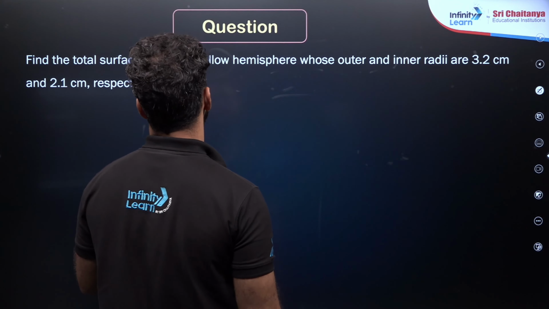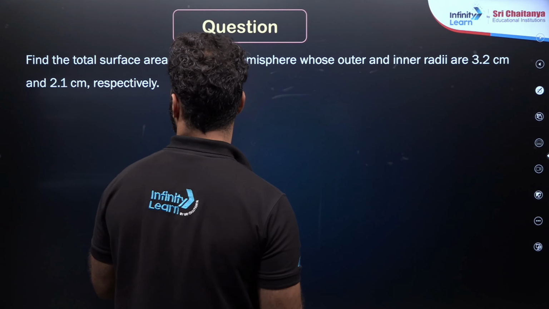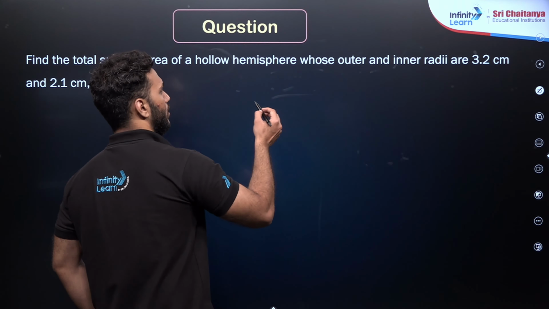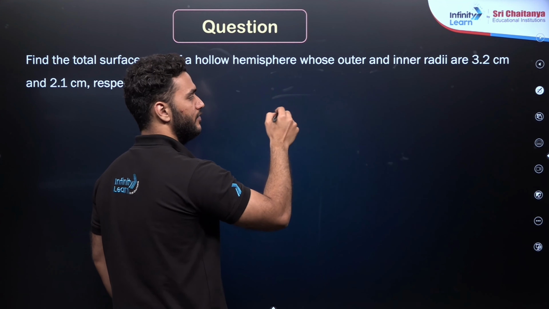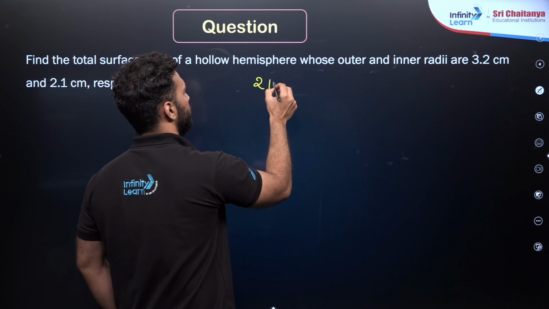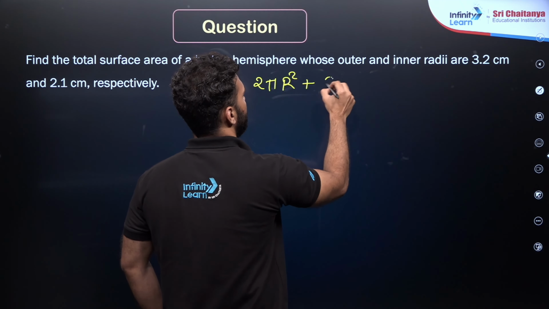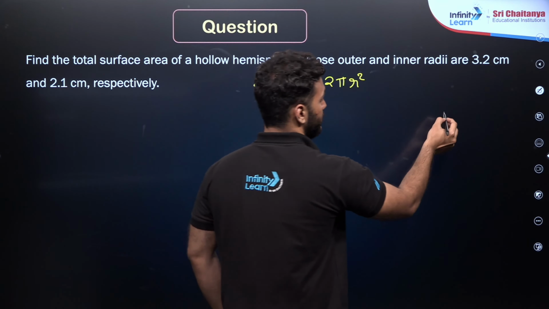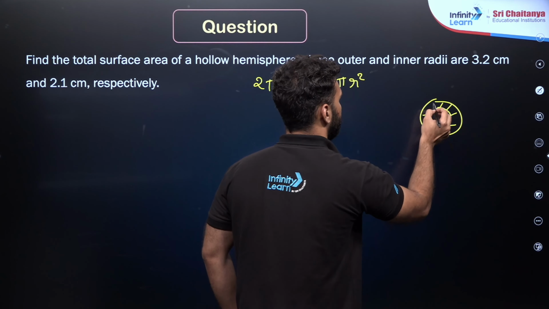Find the total surface area of a hollow hemisphere whose outer and inner radii are 3.2 and 2.1. Again, you can go with the formula. What is the hemisphere curved surface area? 2 pi capital R square. For the inner side, 2 pi small r square, and for the top part that looks like this, you have to find this area.